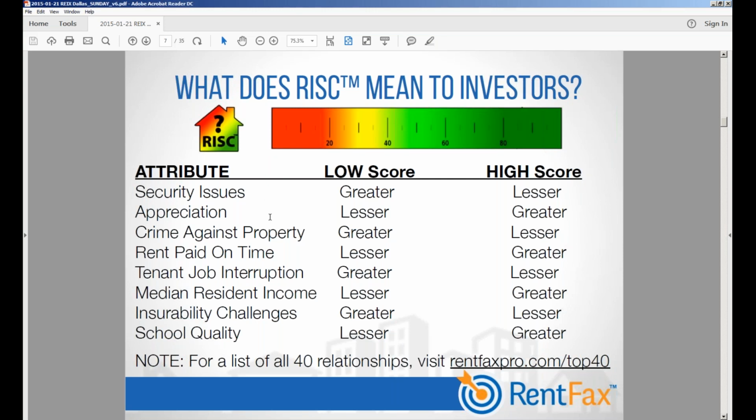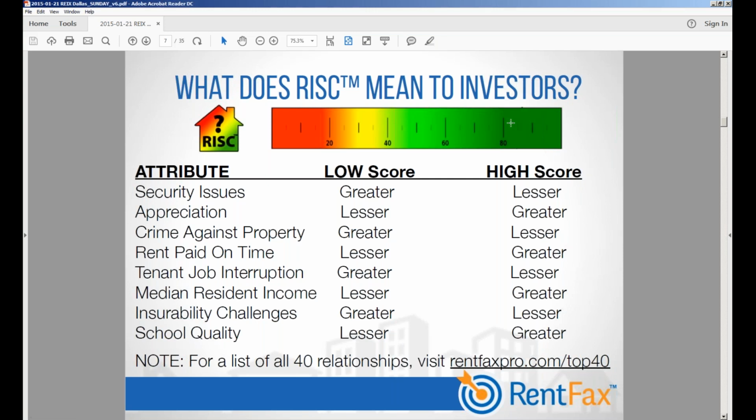Again, you're just seeing that there are all these different relationships, all of them tied to the stability of the income. And this is why it's so hard and confusing for people to take raw data and apply it to a business decision, because there's just so much information. Take another example here, school quality.